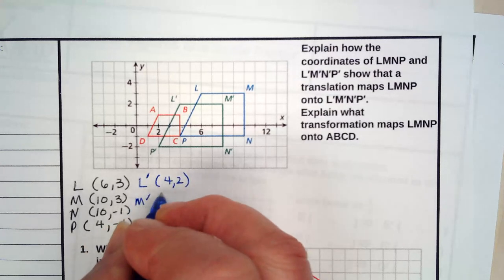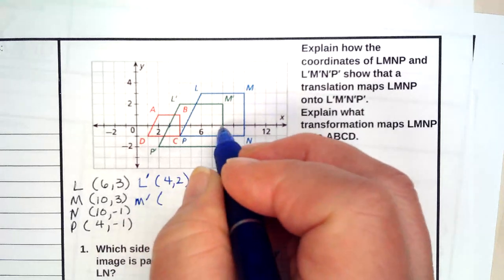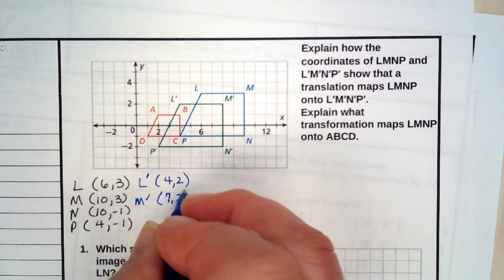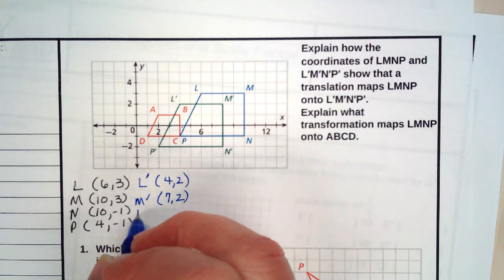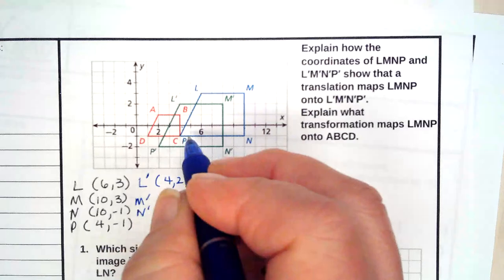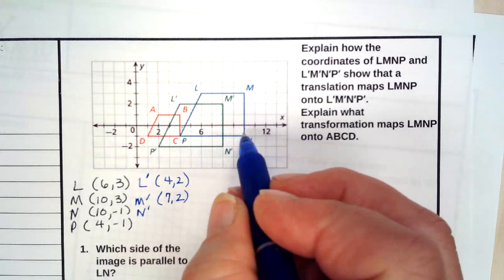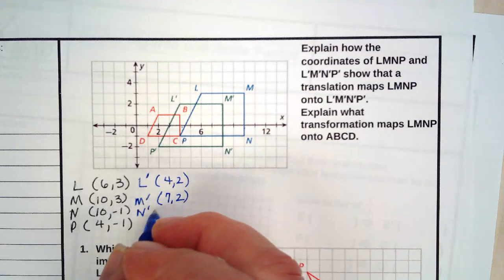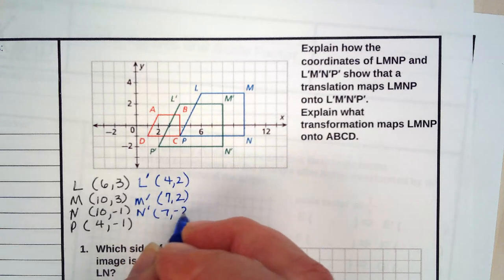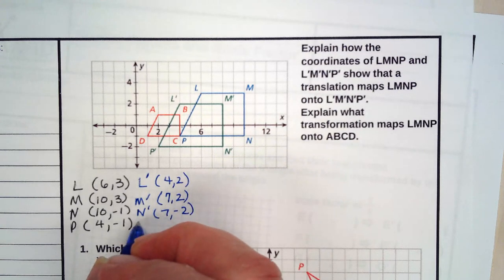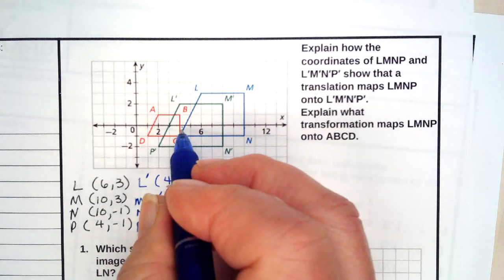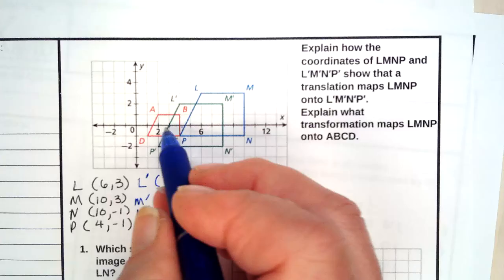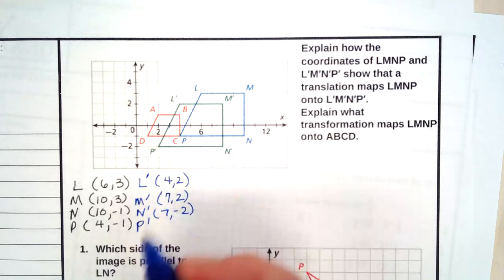M prime is 7, 2. N prime is 7, -2. And P prime is 4, -2.